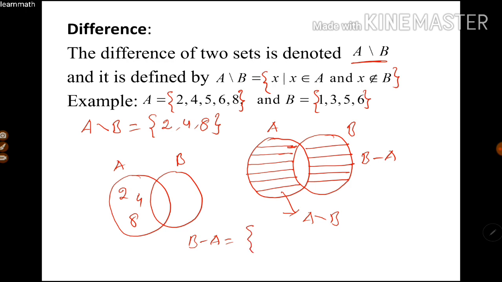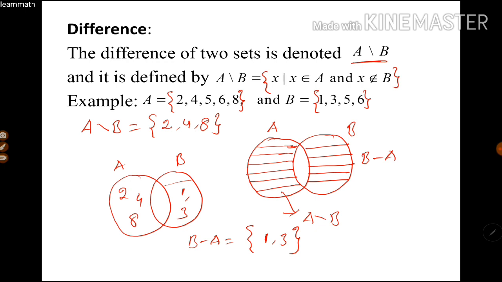B minus A means the collection of all elements which belong to B but not in A. So here 1 belongs to B but not in A. 3 belongs to B but not in A, so 3. 5 belongs to B, also belongs to A, so we should not take the 5. 6 belongs to B and also belongs to A, so we should not take the 6. So B minus A is 1, 3. So this space indicates B minus A, so this is 1, 3.